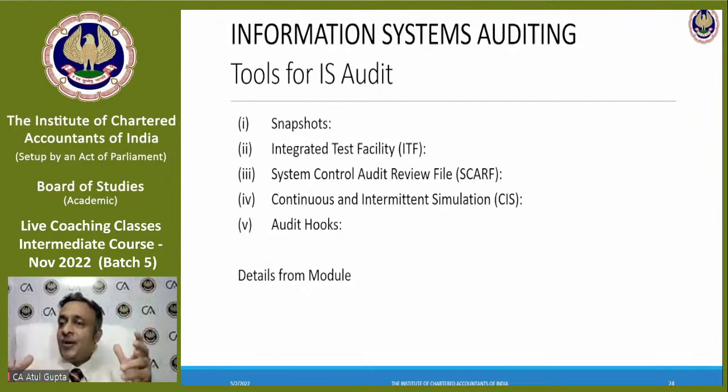So to create an audit tool like SCARF requires a lot of money, a lot of understanding, system knowledge, and then you can create this software. That we call as SCARF, System Control Audit Review File. So this technique creates a file of exceptional transactions. What exceptional transactions? Those which are defined in the system as exceptional transactions.